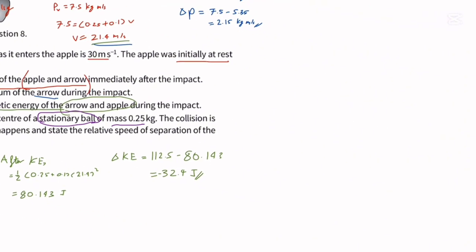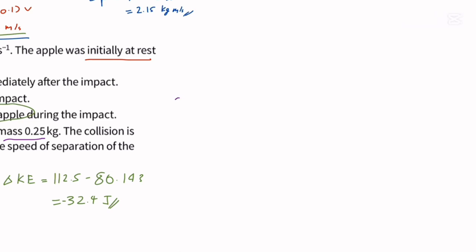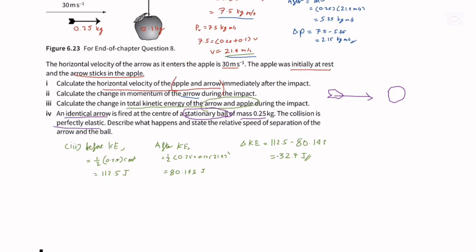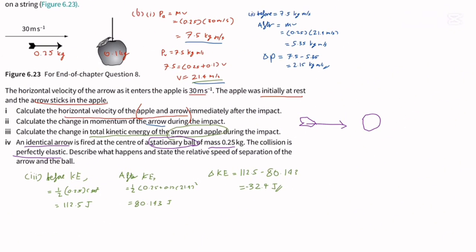So when the arrow, let me draw an arrow here. And then there's a stationary ball here, at the middle. They both have the same mass. There's no spin. There's not gonna be a spin effect because it is at the center, right?